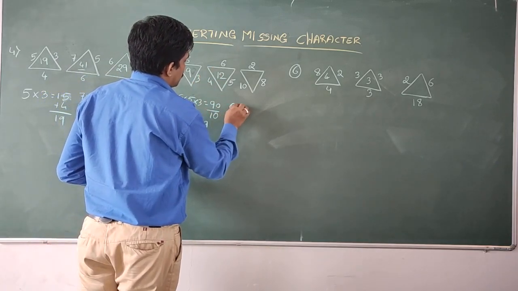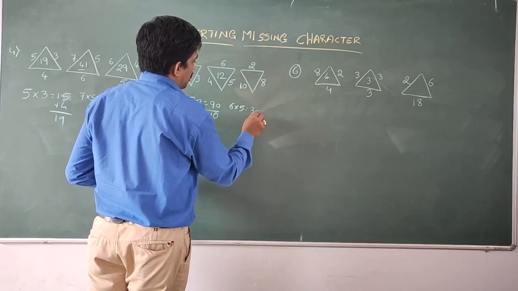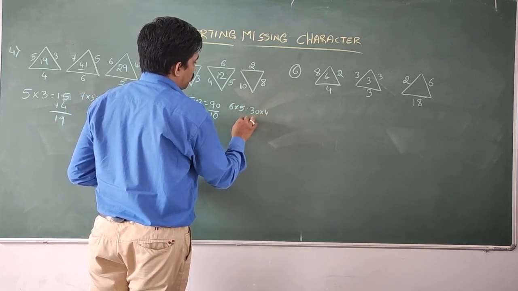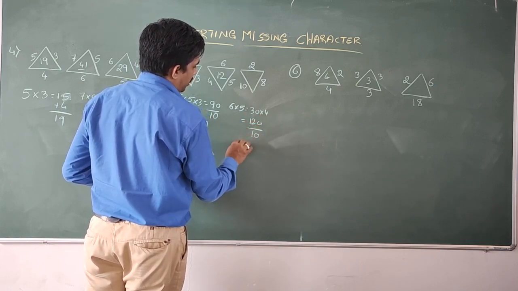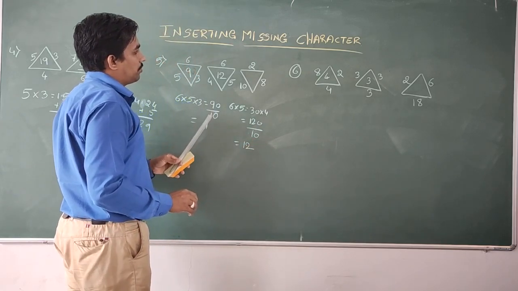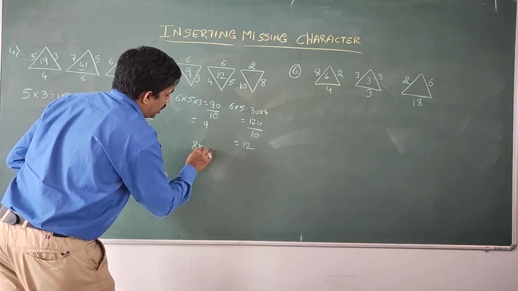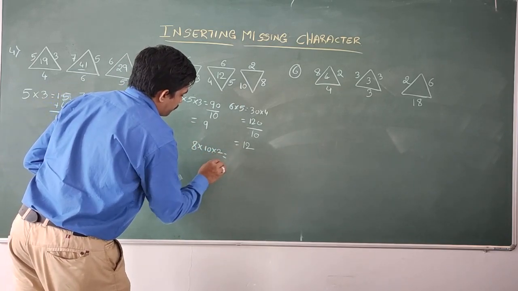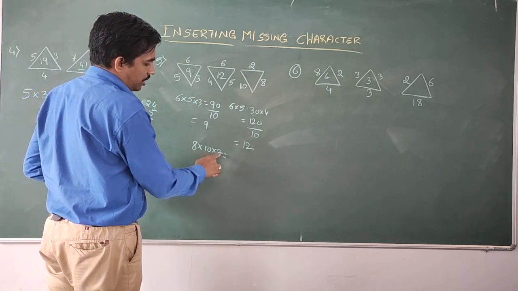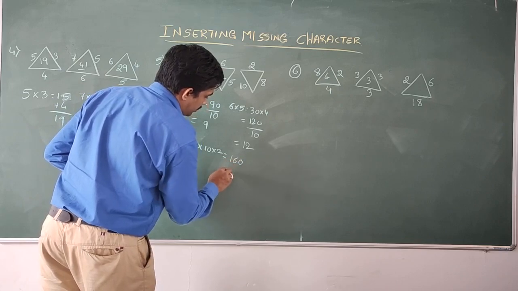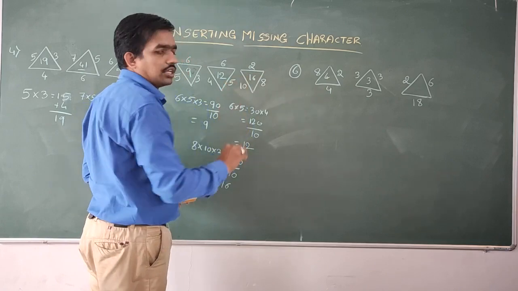And 6 into 5 is 30, then into 4 is 120, divided by 10 is 12. The same kind of logic we apply here. Now 8 into 10 into 2, that is 10 into 8 is 80, 8 2s are 160, divided by 10 is 16. So our answer is 16 here.